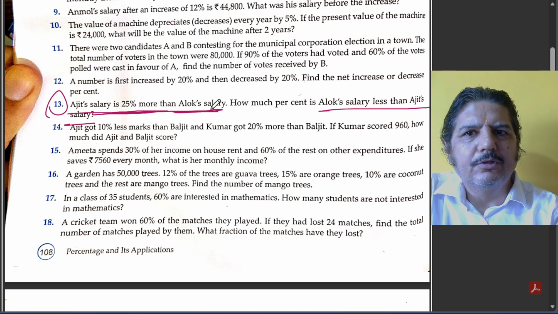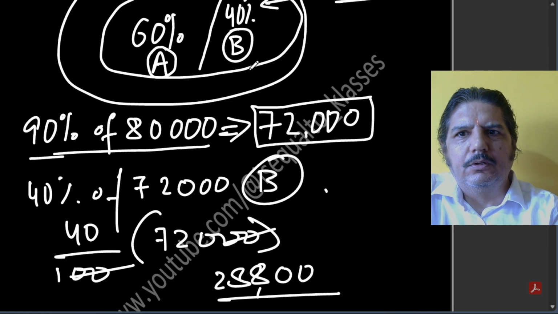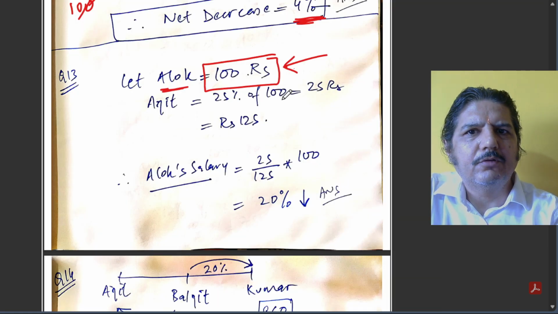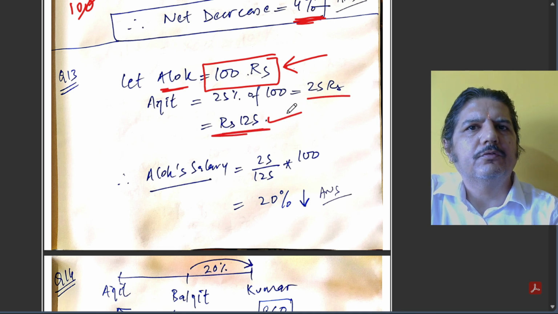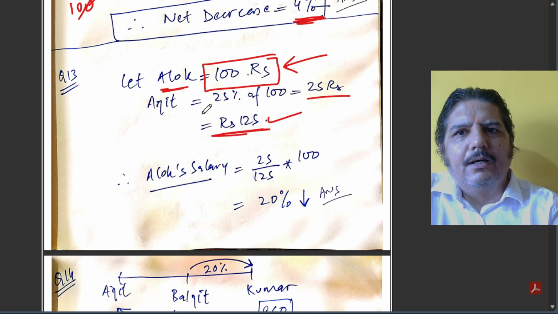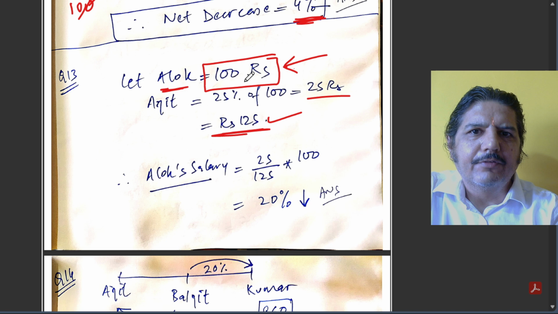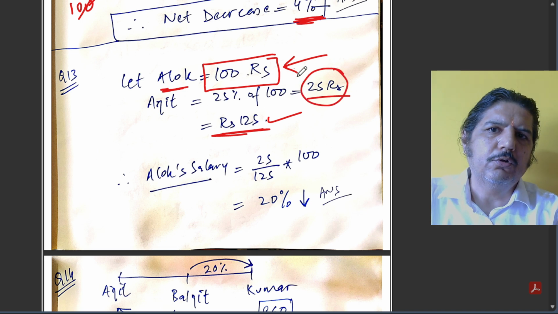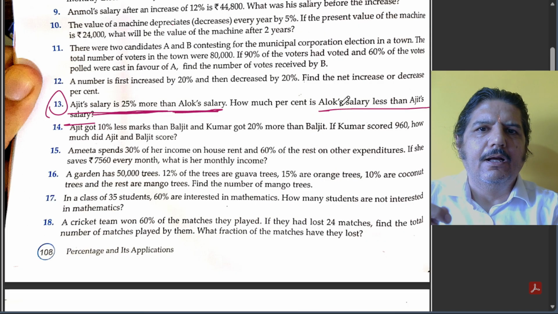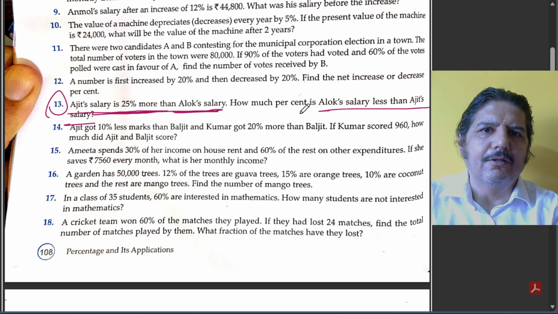Now Ajit's salary is 25% more than Alok. So 25% of 100 is 25. So Ajit's salary would be rupees 125. Now Ajit's salary is 125, Alok's salary is 100. The difference in the salary is 25. Now you want to find Alok's salary less than Ajit's salary by what percent.